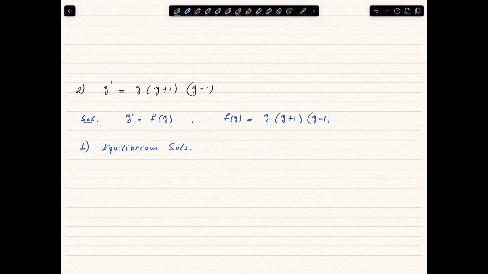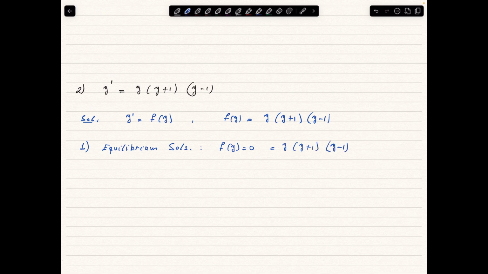Equilibrium solutions. Which are equilibrium solutions? These are the constant solutions of the differential equation. So you put a constant here. Because it's a constant, this y prime is going to be 0. And then you need to solve the equation f of y equals 0, which is y plus 1, y minus 1.